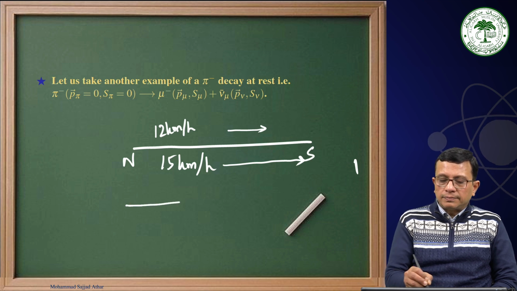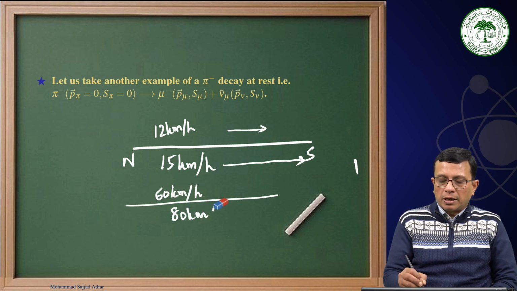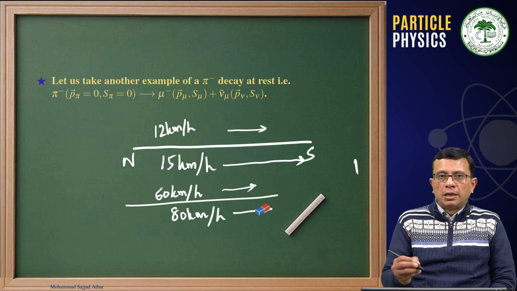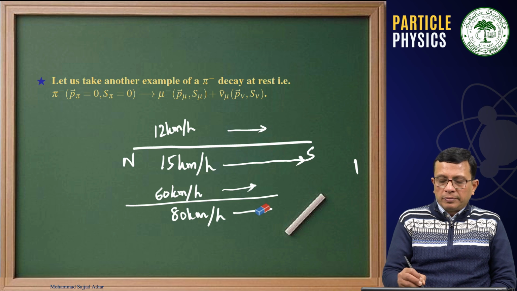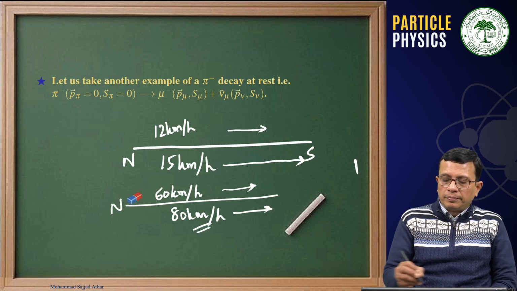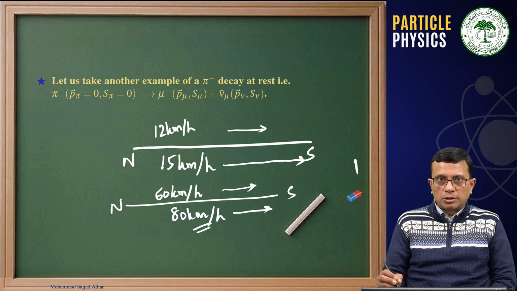Similarly, if I take, for example, a scooter and a bike, say one at 60 kilometers per hour and another at 80 kilometers per hour, and I ask the same question, he will give the same answer: the other fellow is also going along the south direction.